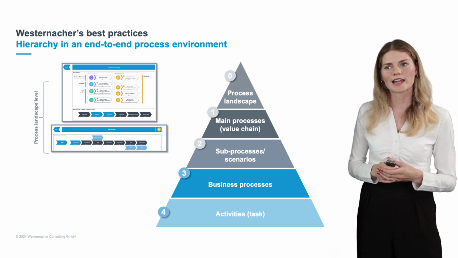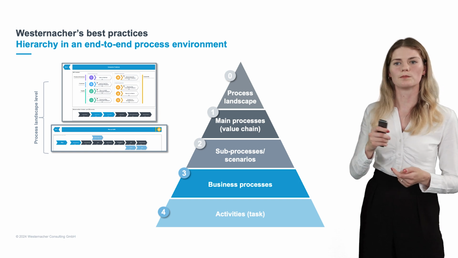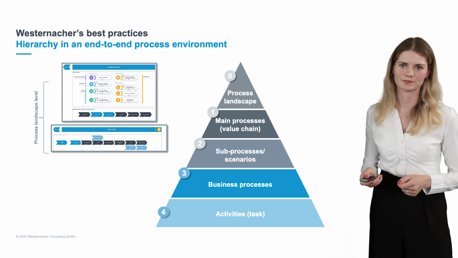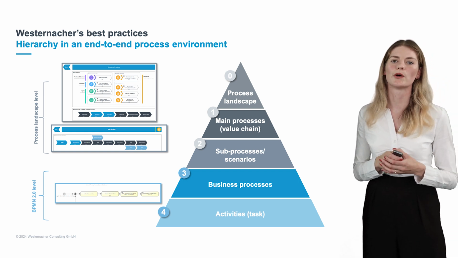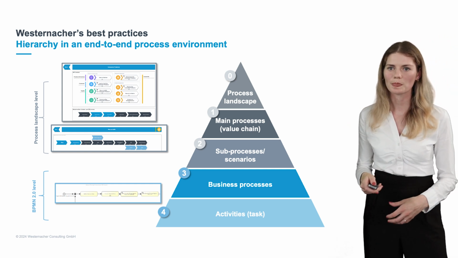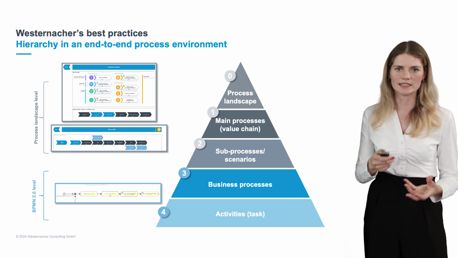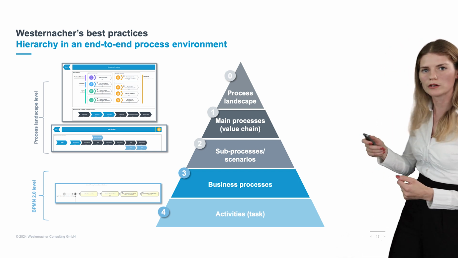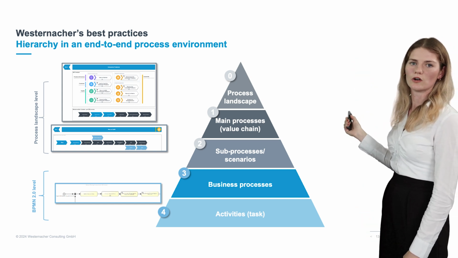There we have the value chain and sub-processes, and we have end-to-end or per lines of business. Then, on the other hand, we have the BPMN 2.0 level, as we can see right over here, where we have business processes and activities and tasks. So we can see we're going very straight down there just to reach our BPMN model.